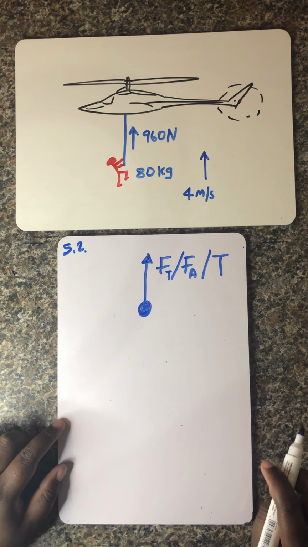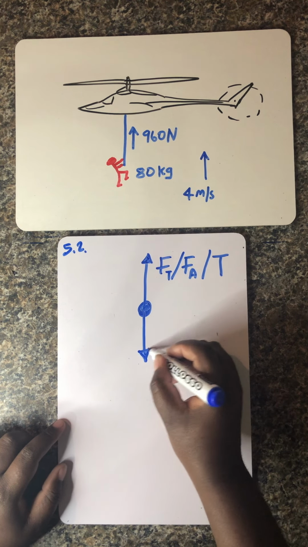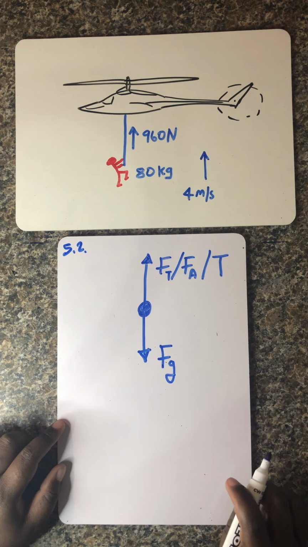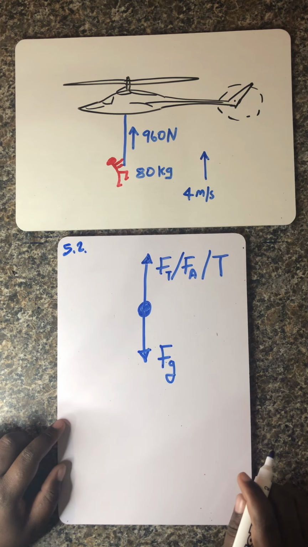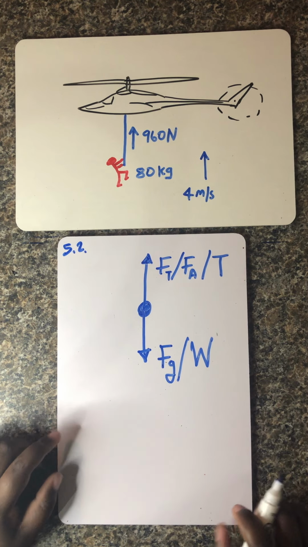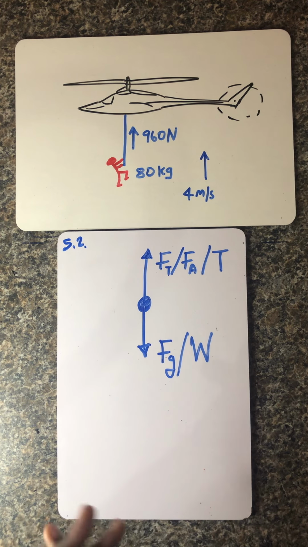Ladies and gentlemen, we know at all times we always have force of gravity. Okay, we always have force of gravity. Very, very much important, ladies and gentlemen. Otherwise, you can just say weight. Okay, because that soldier has got a weight.